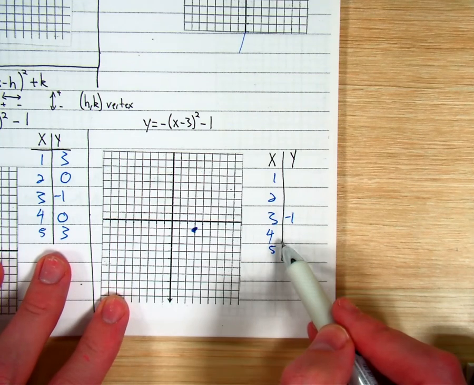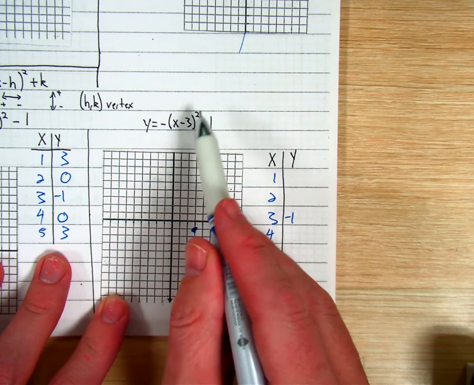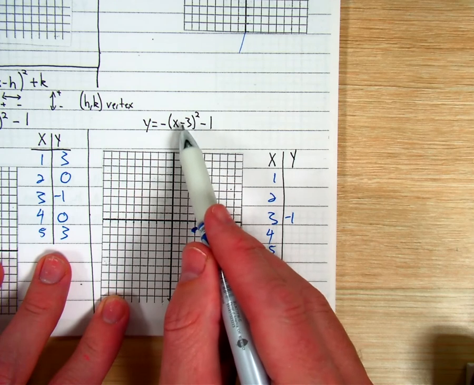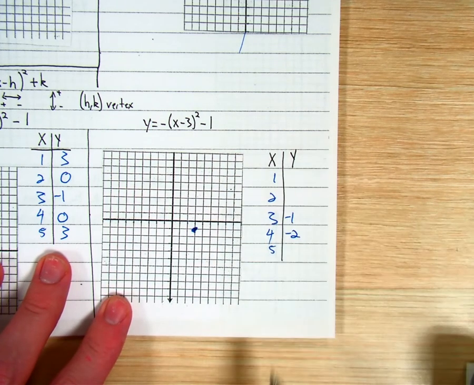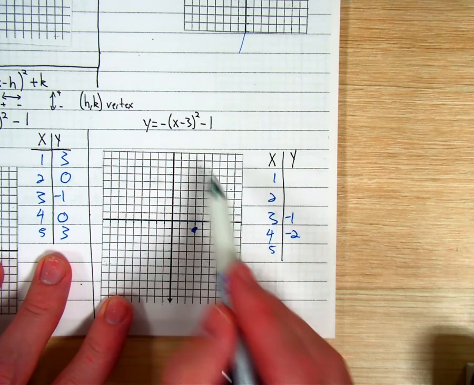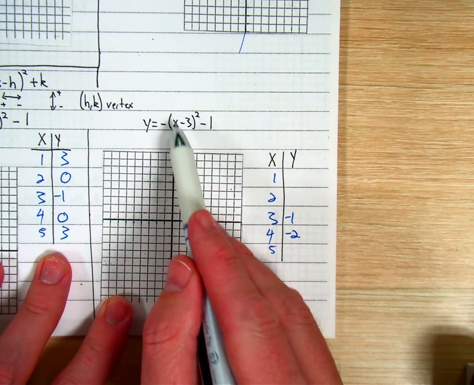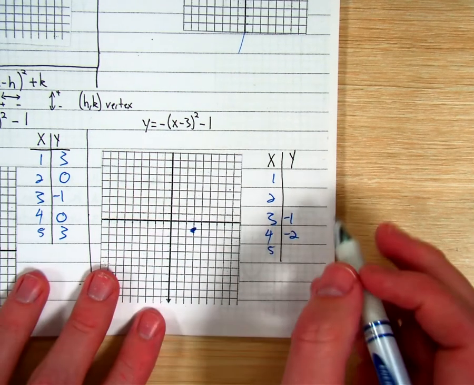Let's do this. 4 minus 3 is 1. 1 squared is 1. Negative of 1, negative 1, minus 1 more is negative 2. Put in 5. 5 minus 3 is 2. 2 squared is 4. Negative 4, minus 1 more, negative 5.